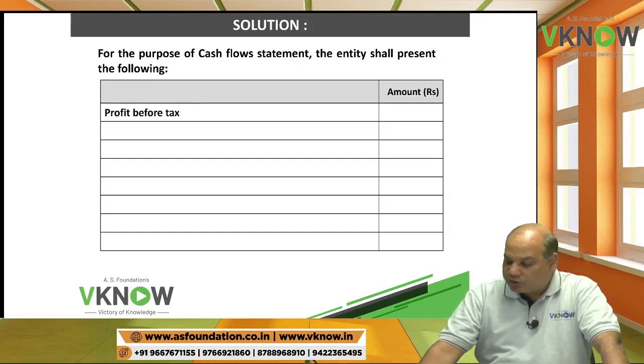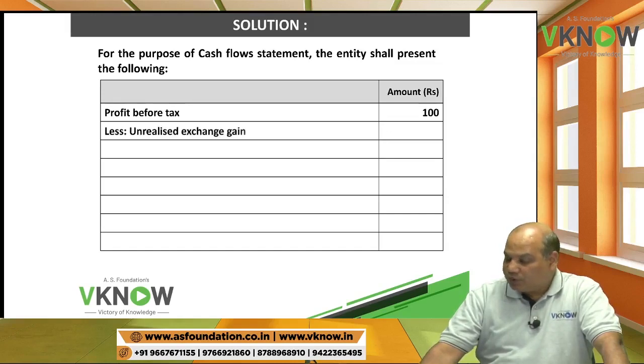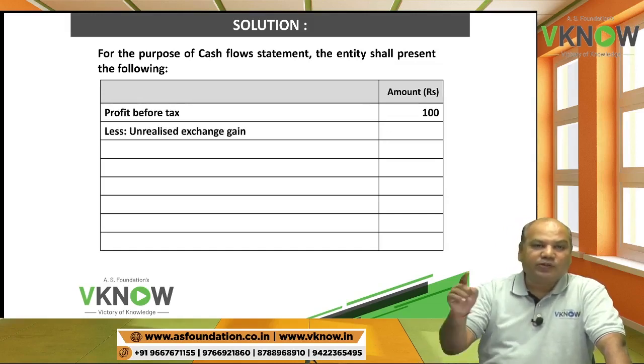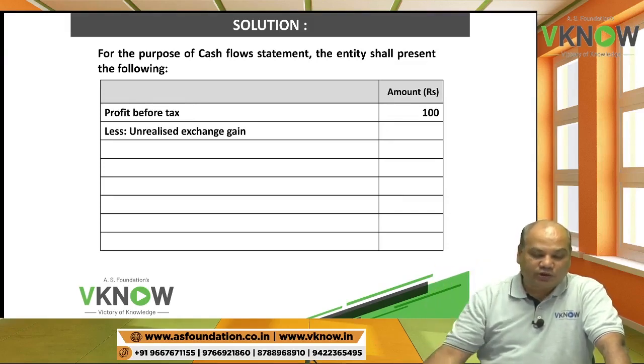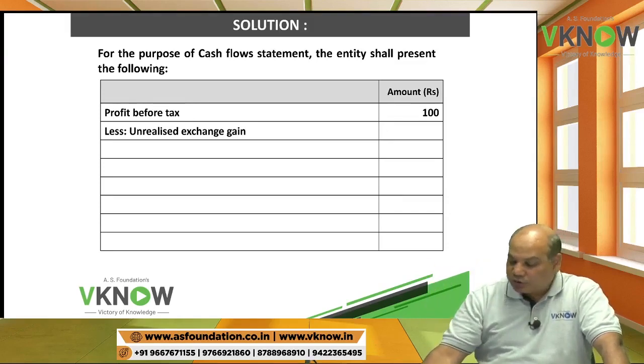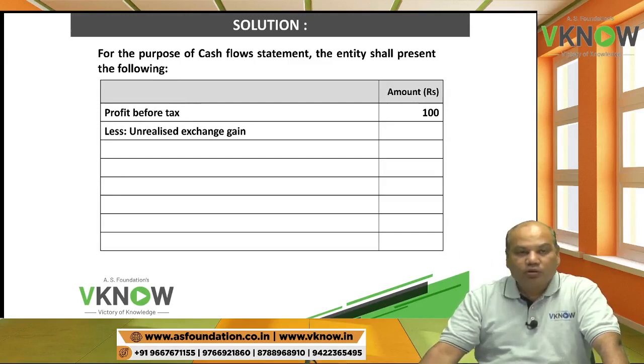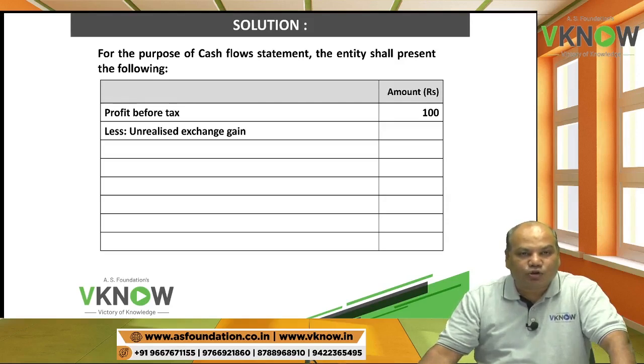Now in this question, as given in the problem, profit before tax is 100. Because we have passed the entry bank account debit to exchange difference account, less unrealized gain. Unrealized gain will be eliminated. In this example, the unrealized gain is related to cash and cash equivalent.